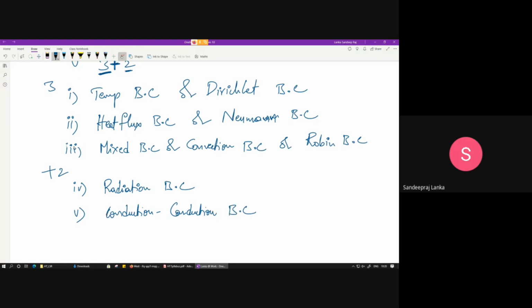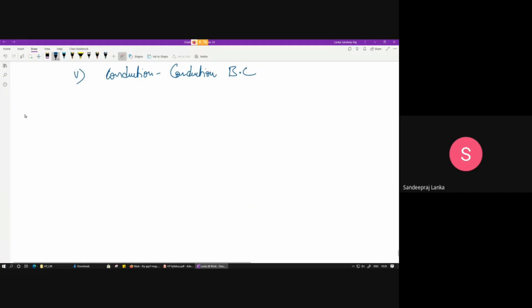First 3 are very important. Now look at the first one, the temperature boundary condition or the Dirichlet boundary condition. What does this say? The temperature boundary condition will be giving you the temperature at the boundaries.